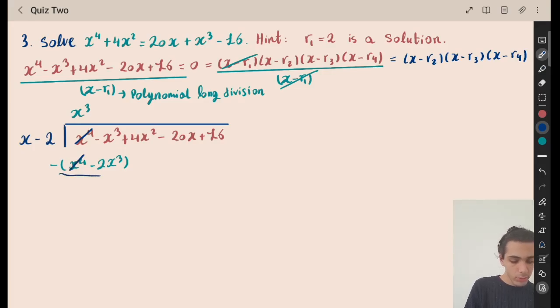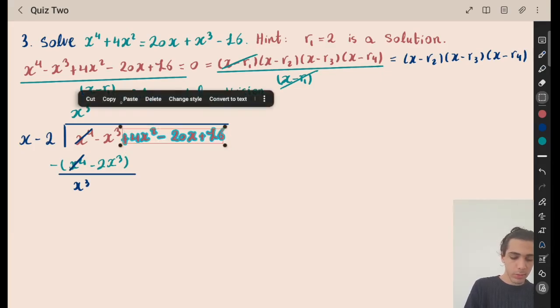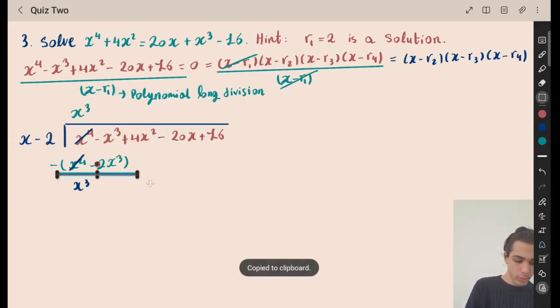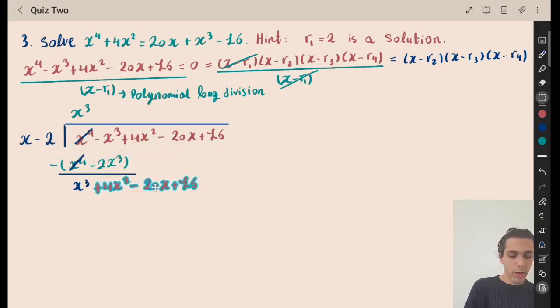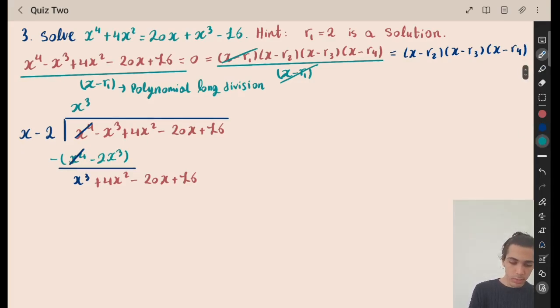Then this cancels out. And you get x cubed plus all the other stuff. And we repeat the same process. So x times what is x cubed? Well, it's x squared. That's positive x squared.